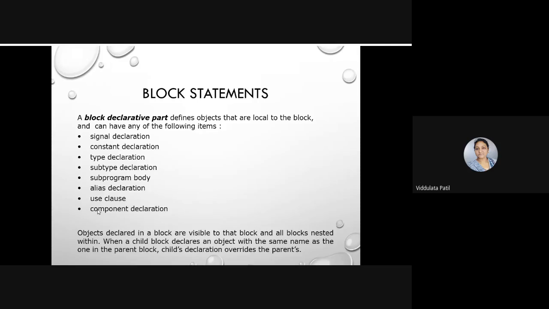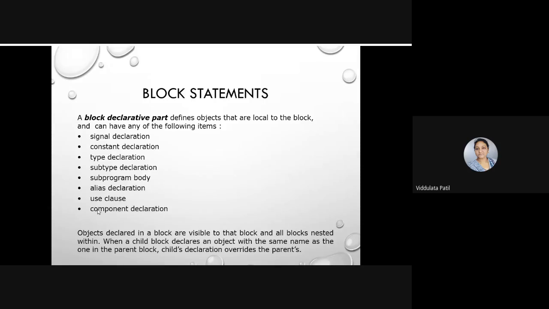All these declarations we can do in a block declarative part. Now, as we have already studied all these types of declarations, you know how to declare signals and constants and all these. So similar types of statements will be present in a block declarative part.